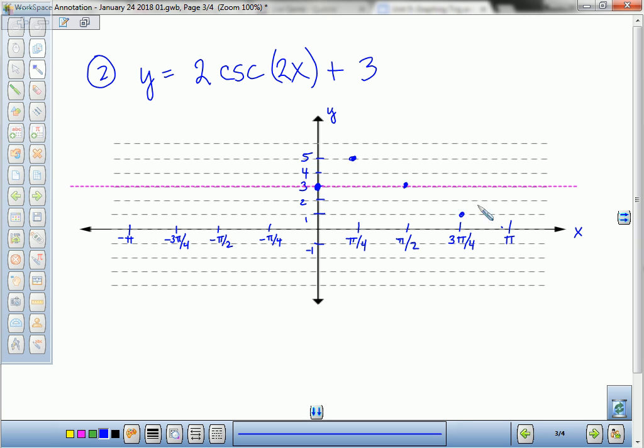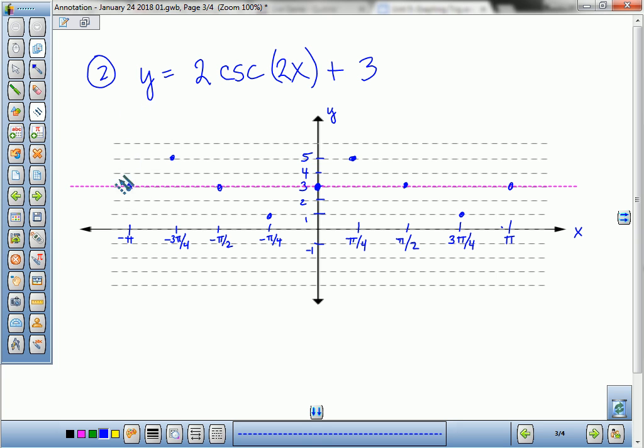But don't draw the sine graph. I would just draw in the middle, high, middle, low values. And then I would go directly into drawing in what does matter.